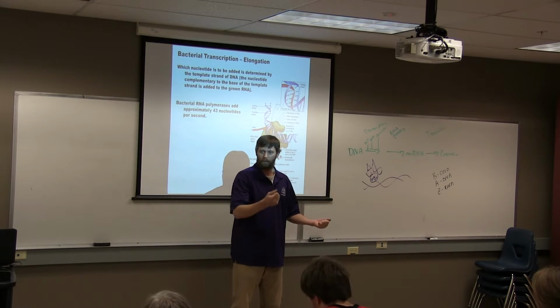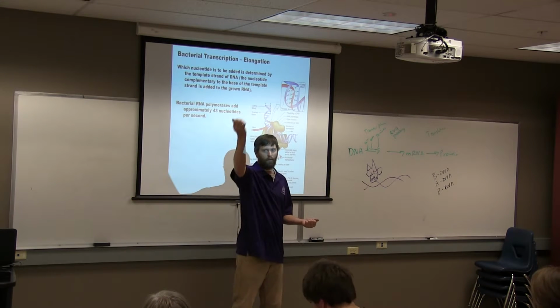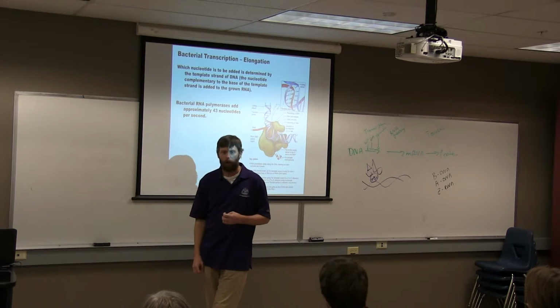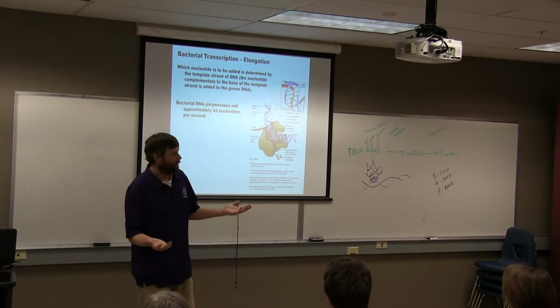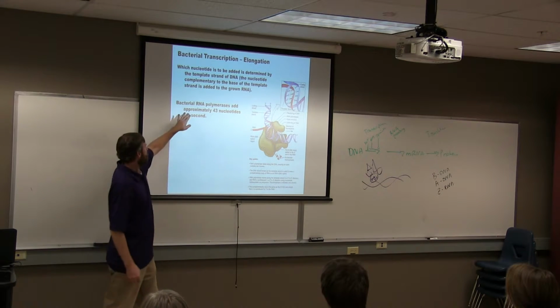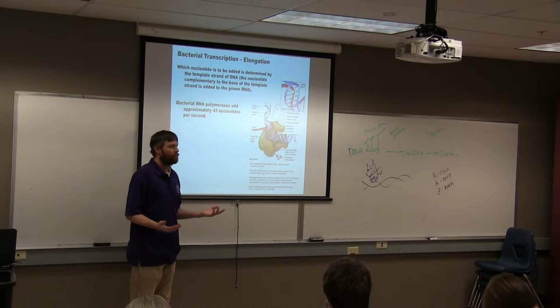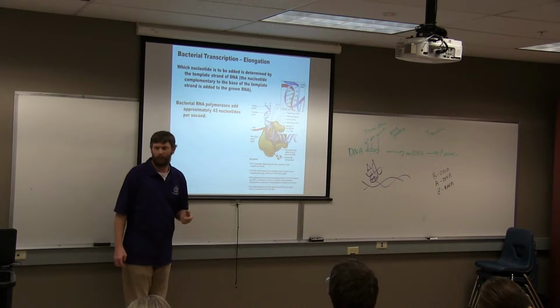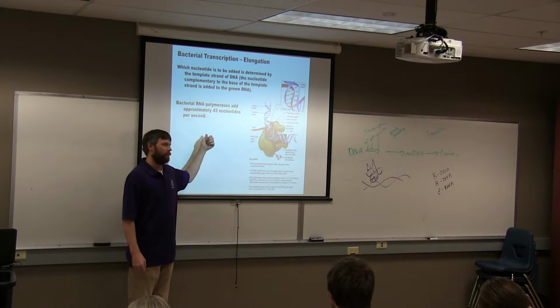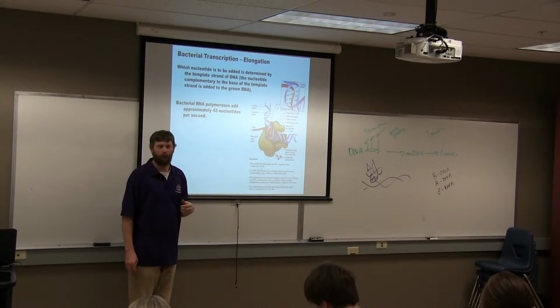So 3 out of 4 times it makes a mistake and it keeps having to let go of that and grab a new one. Despite all of those failed efforts, the bacterial RNA polymerase goes at about, if you talk in lab, we say 60 nucleotides a second. Someone has actually calculated it. It's 43 nucleotides a second. I think that's incredibly fast.